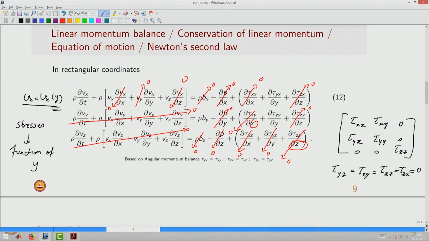I should be careful here: because we have gravity in the y direction, we will have a pressure gradient in the y direction. The only thing we can say is there is no pressure gradient in the x direction, because we are not imposing anything in that direction. So, del p by del x is 0.